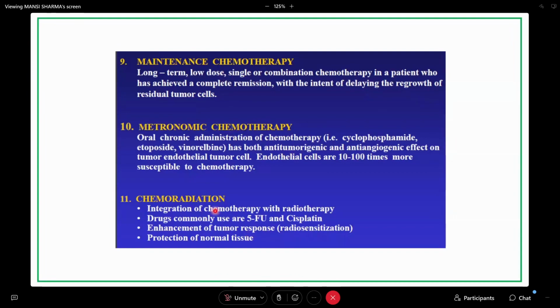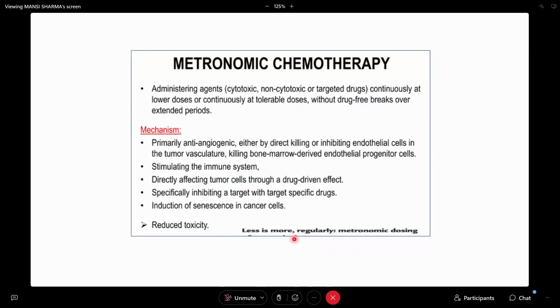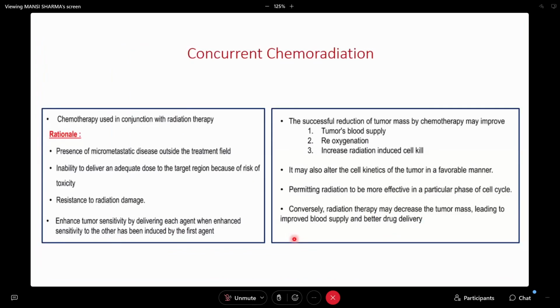With regard to chemoradiation, this is again a topic in itself. However, in short, it is integration of chemotherapy along with radiotherapy, where the drugs act as radiosensitizers. They enhance the tumor response to the radiation and also cause protection of normal tissue because the doses are quite low. For example, we use cisplatin-based chemotherapy and chemoradiotherapy in head and neck carcinoma patients. I've already discussed this.